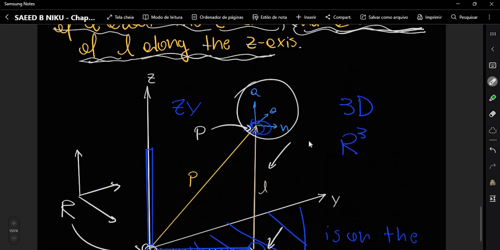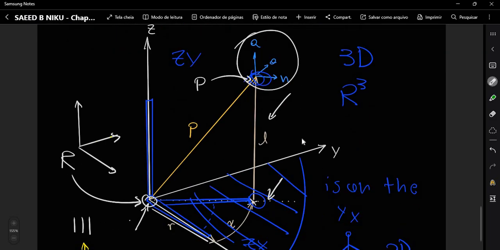So if we apply a rotation on this frame, we can restore the original orientation of this vector.